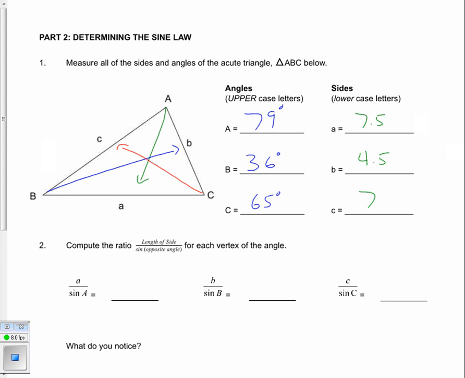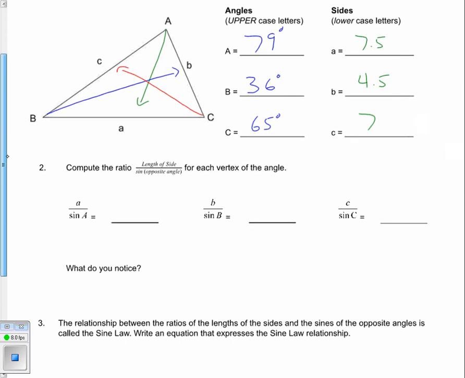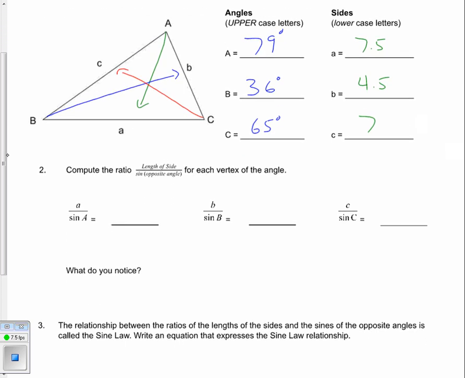So if I've measured this and I have my angles, let's look at the ratio between each side and the sine of its angle. I've got my angles all up there. If I'm looking at side A, I end up with 7.5 divided by the sine of 79 degrees.